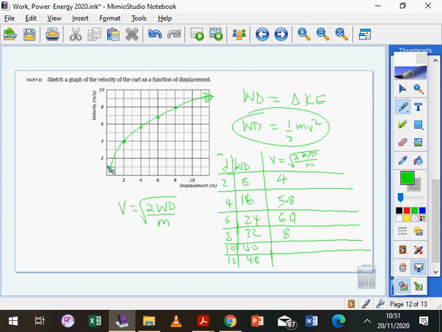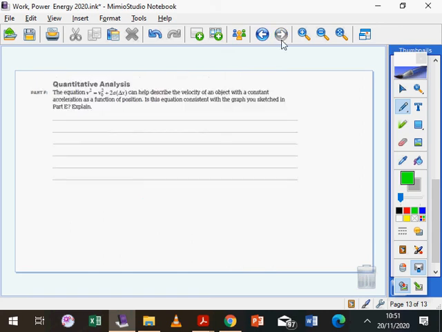So, quantitative analysis. This equation can be used to describe the velocity of an object with constant acceleration as a function of position. Is this equation consistent with the graph you sketched? Let's see. In this equation, v1 squared equals v0 squared, but v0 is 0 because it was at rest, plus 2 times acceleration times delta x, right? If I make v the subject, v is equal to the square root of 2a delta x.